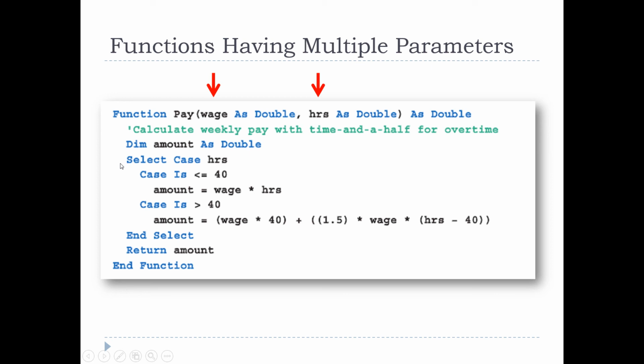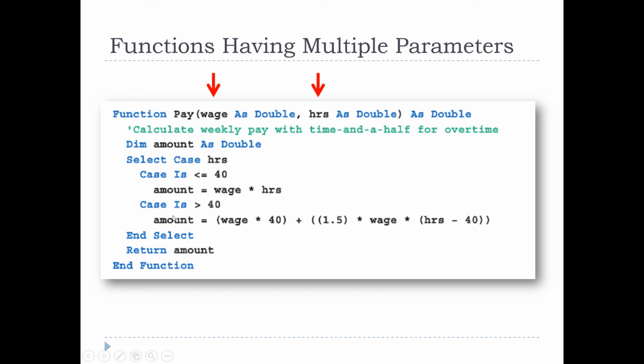And then inside this function, you declare another variable, this local variable amount, and then here we have our Select Case. This is like the overtime pay we just talked about in our example. So we test the case hours. If it's less than or equal to 40, then we have the regular pay. If it's over that, then the pay will include the overtime pay.